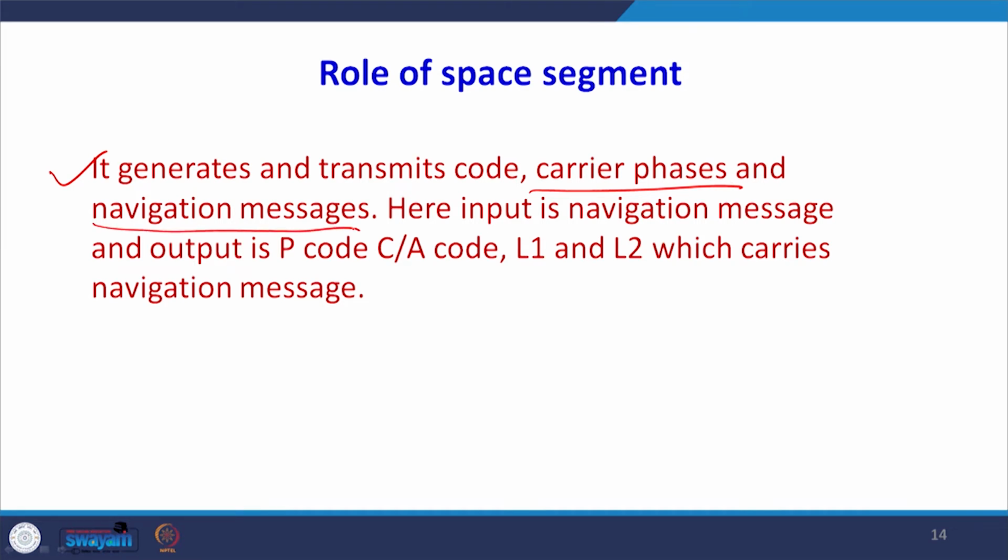So, there is a carrier phase, navigational messages, and the output is in the form of a P code, coarse acquisition code, L1 and L2. You will learn this in the subsequent slides. There is a transmission of the codes, and a transmission of the navigational messages at the control station.